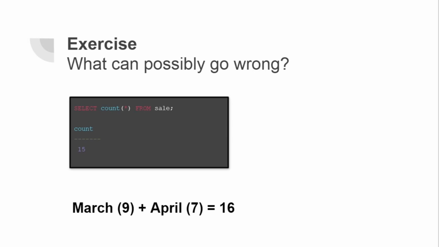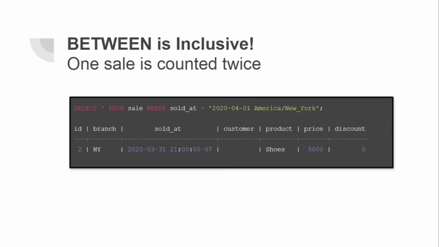Okay, so hopefully you are very, very lost and you have no idea what's going on. So let me explain. We used between, and between is inclusive. This means that both ranges included this time, the 1st of April 2020. And as we can see, there is one sale that was made at exactly midnight.